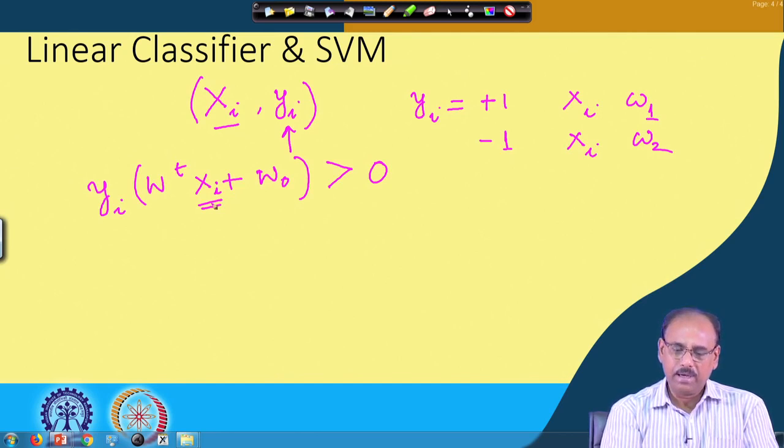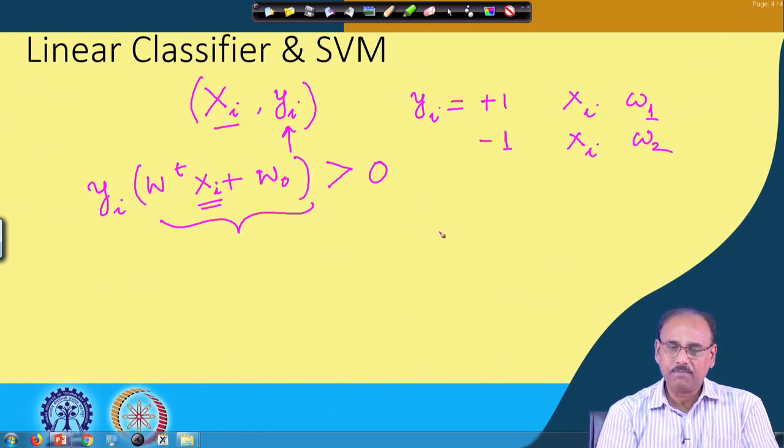So, if I multiply this expression W transpose xi plus W naught by yi, which is minus 1 in this case, that will be greater than 0. So, I get a uniform classification rule. While designing the support vector machine or the linear classifier, we have taken advantage of this.